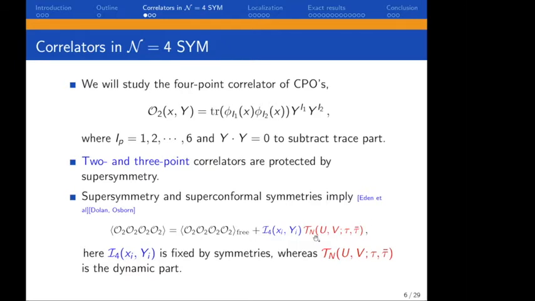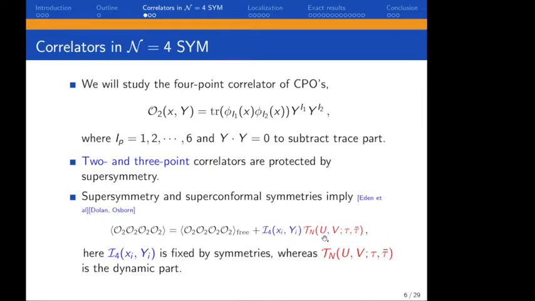Then the remaining part I call I and T, where I is a factor which I won't even write down, that is fixed by the symmetry of the theory. This is sometimes called the partial non-renormalization theorem. And the remaining part is, in some sense, the dynamic part, and that's what we will be focusing on.